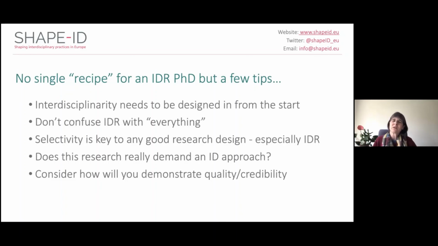Whereas often if you're doing something in the natural sciences, your thesis may actually just include a series of bound published journal articles. Now, what happens if you're trying to do something that spans both of those traditions? How are you going to demonstrate that what you've done is credible?